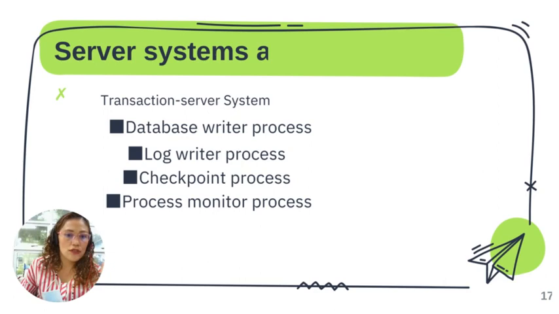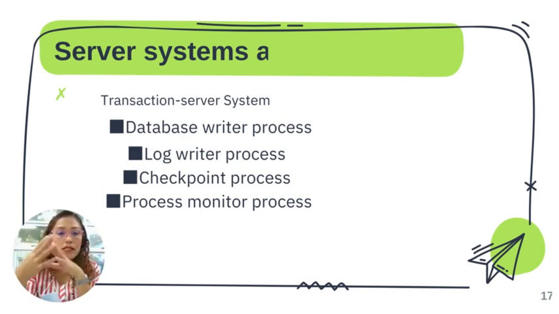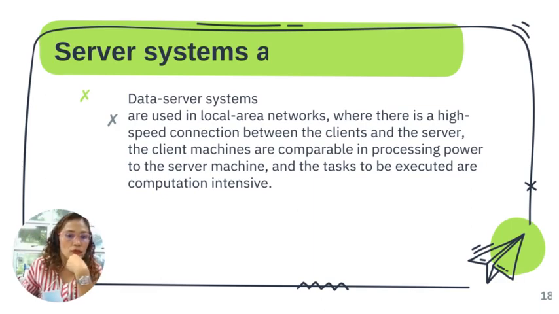So for transaction server systems, you have your database writer, which includes log writer and checkpoint processes, and the other one is your process monitor process. So that's for transaction.